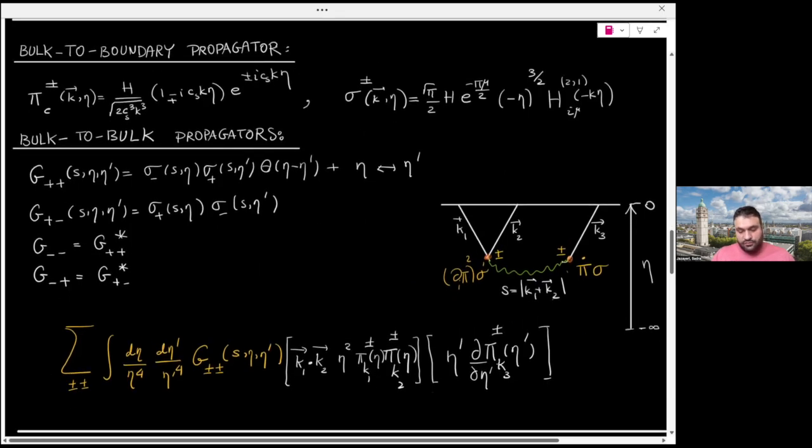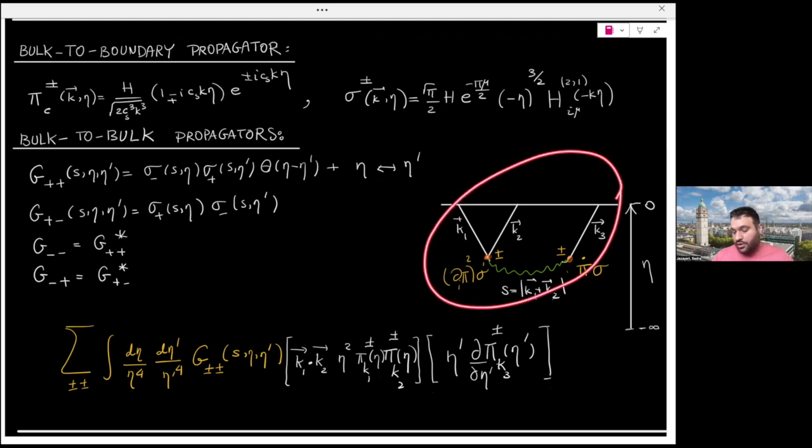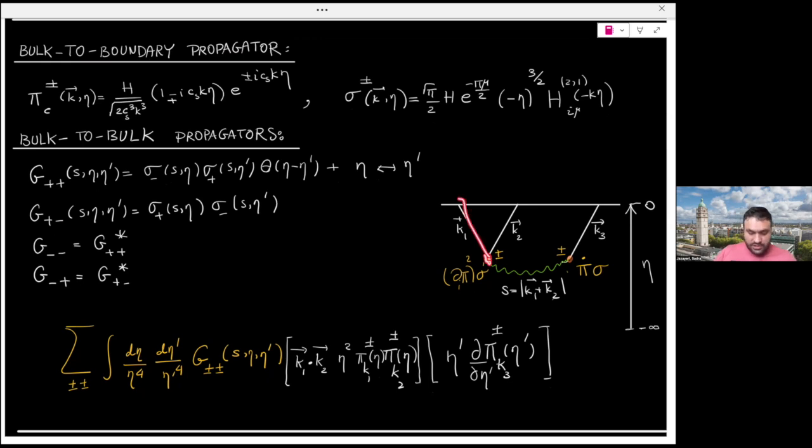So let me just summarize what is the strategy for computing this if we were to just do the time integral. So basically, in the so-called Schwinger-Keldysh formalism, the perturbative graphs are organized in terms of a series of vertices which come in 2 types, plus and minus, corresponding to the Schwinger-Keldysh plus and minus contours. And for each, when you want to connect the vertex to the boundary, you have to insert some bulk-to-boundary operator.